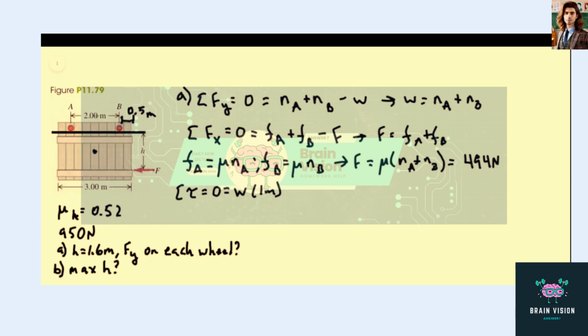The distance between these two is 2 meters. So this distance is 1 meter. The normal force at A acts 2 meters away. And then minus F times H. So that's the other force that can produce a torque here.